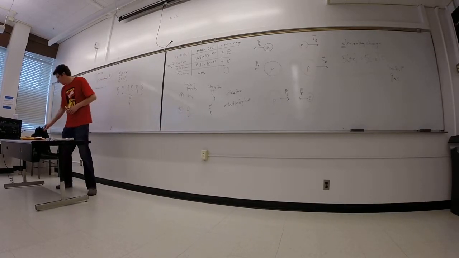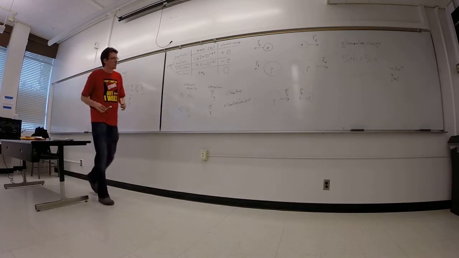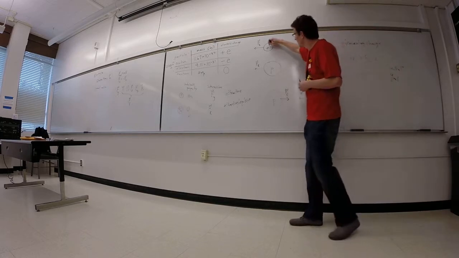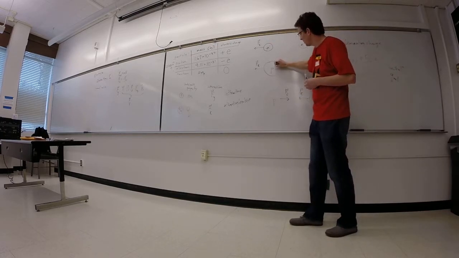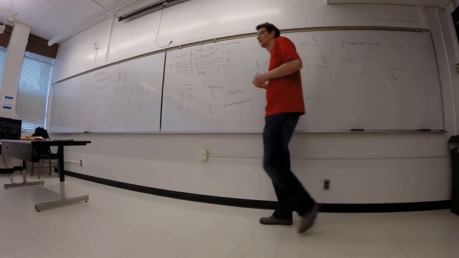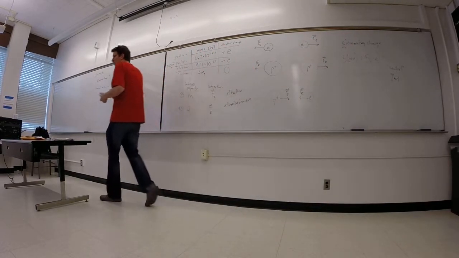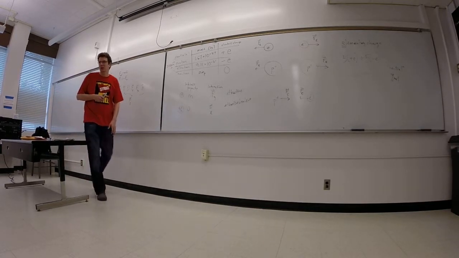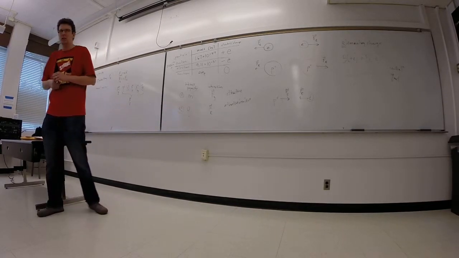I guess I should mention that if I were to label these charges here with the benefit of hindsight, I would probably call this E minus and P plus. I don't want to use E in vain. E is going to be standing for elementary charge, so I don't want to use E for electron too. I'll say E minus for electron and P plus.